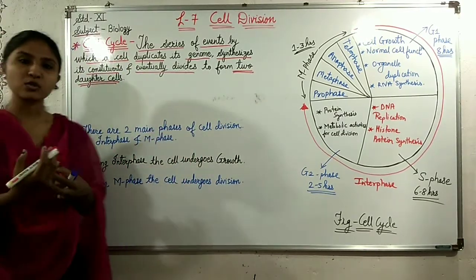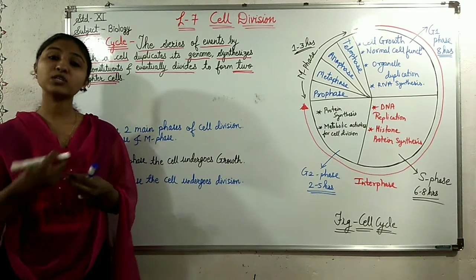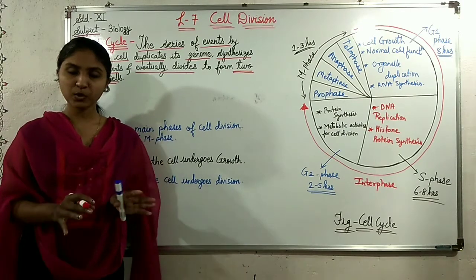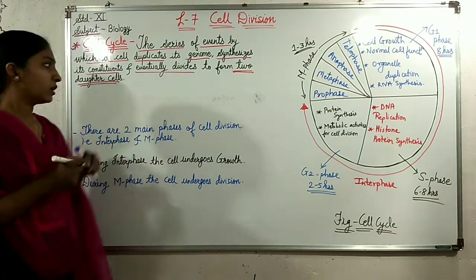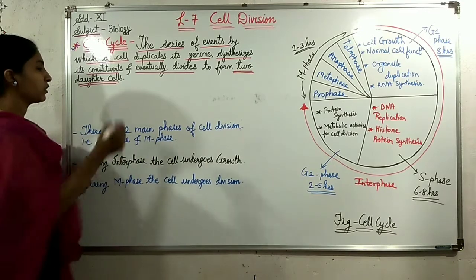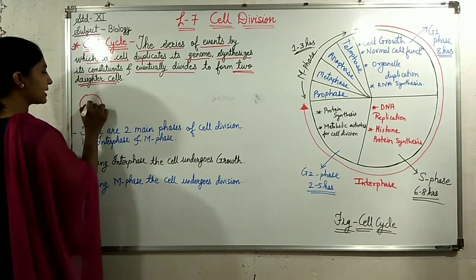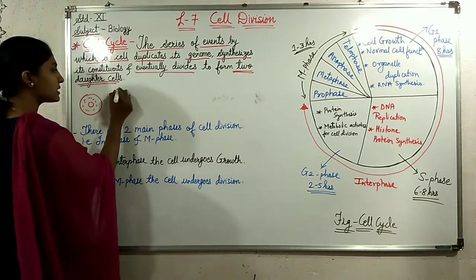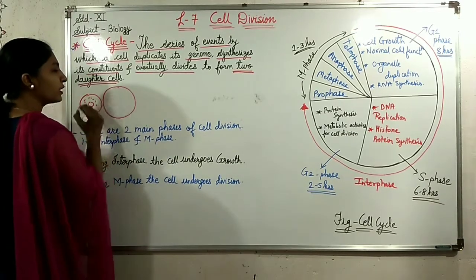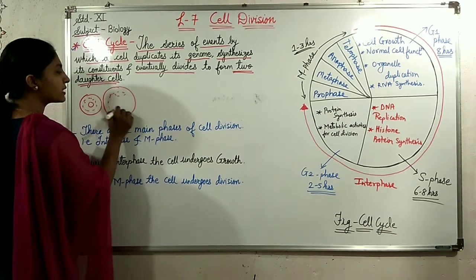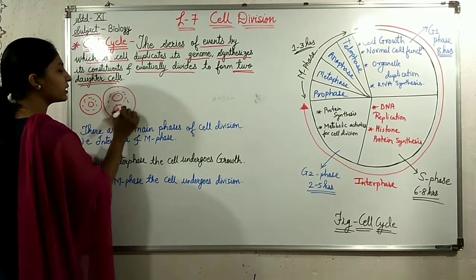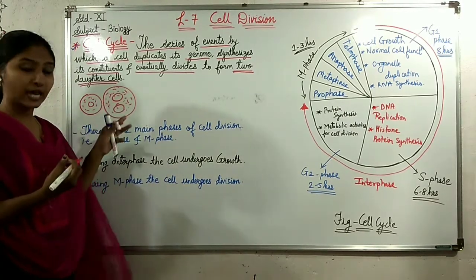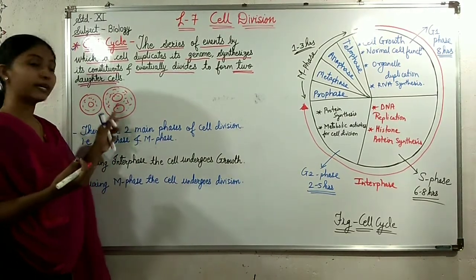The process in which the cell gets divided into two new daughter cells is called cell division. For example, if this is a cell, it has a nucleus and other cell organelles in it. Now this cell grows, and when it grows, the organelles present inside it along with the nucleus get duplicated.